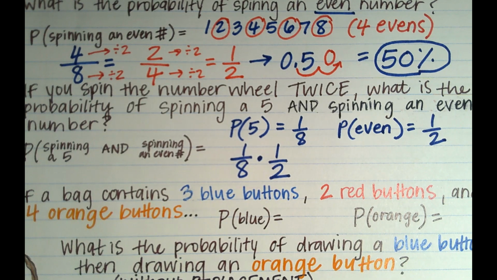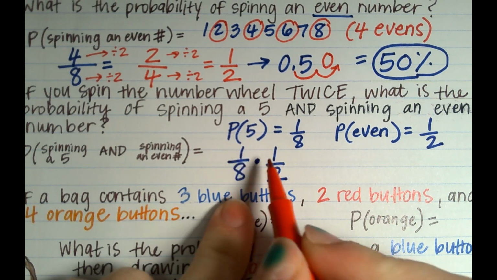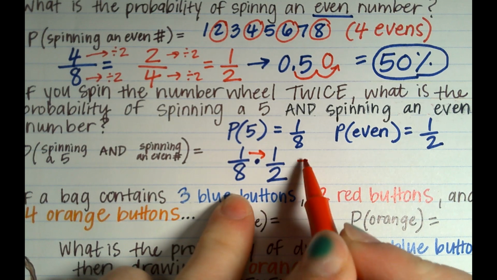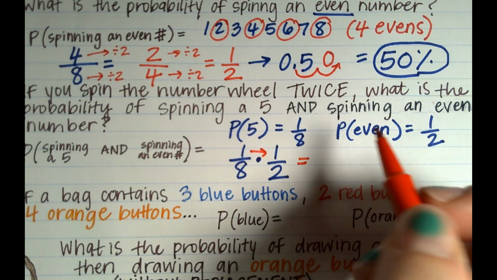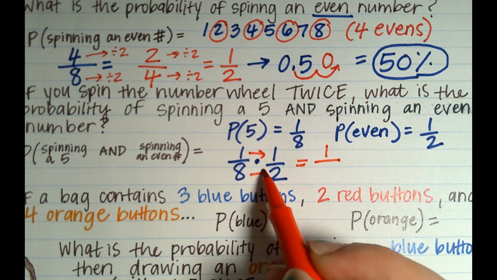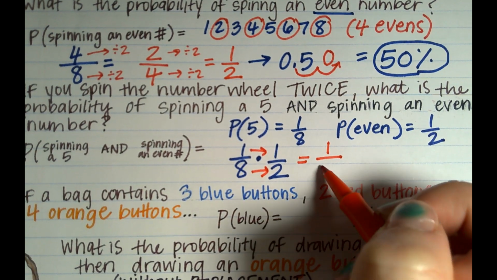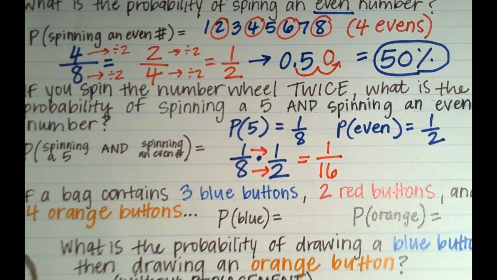And when we multiply a fraction by another fraction, how do we do that? Just straight across, right? So 1 times 1 is what? It's just 1. 8 times 2, 16. So my fraction is 1 out of 16 times. Will both of these happen?